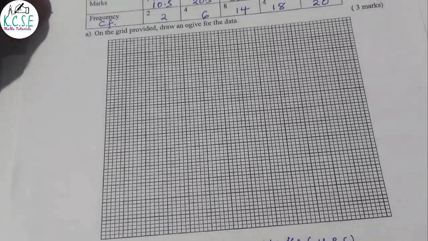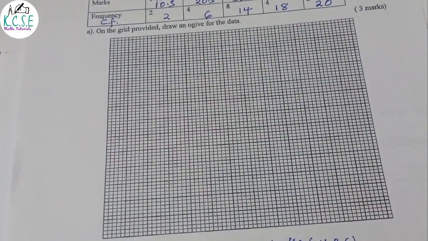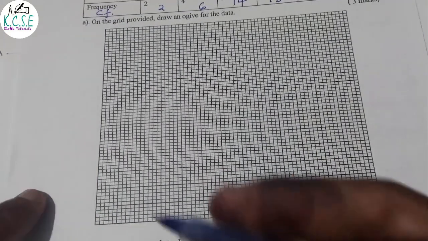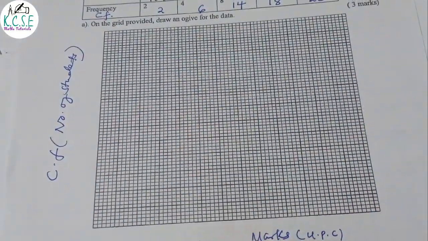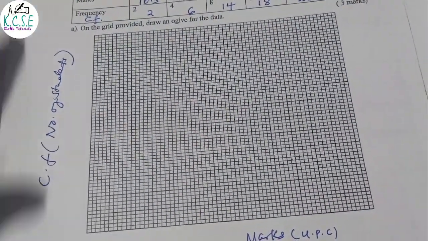So let's go to the graph. Here, the y-axis will have the cumulative frequency, which will represent the number of students. Remember, the total frequency, or the total number of students, is 20. So let us choose a suitable scale.